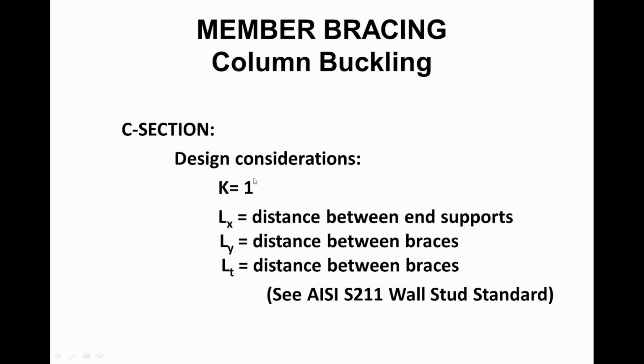S211 tells me to use K equal to 1 when I'm evaluating my axial load in S100. S211 will also tell me that for the unbraced length, for the X buckling, it's the distance between the end supports. For the Y buckling, the Y-axis, and the torsion, it's the distance between the braces. So again, S211 gives me definitions for parameters that are not defined explicitly in S100. So that's sort of the progression of what we've got with these documents.